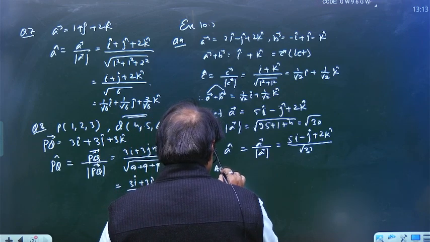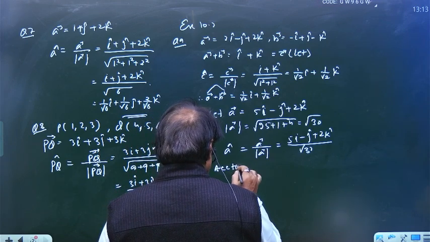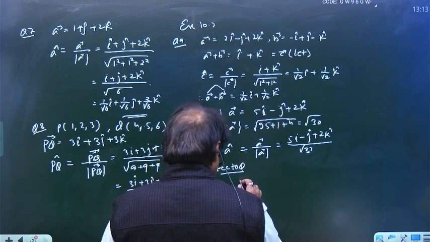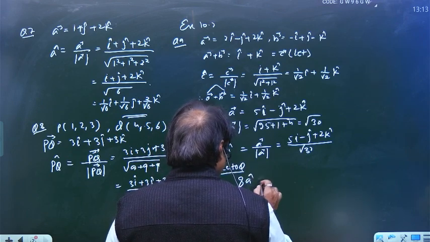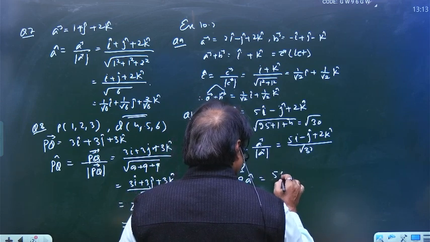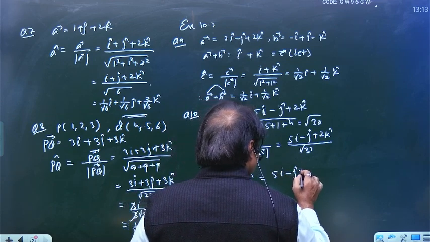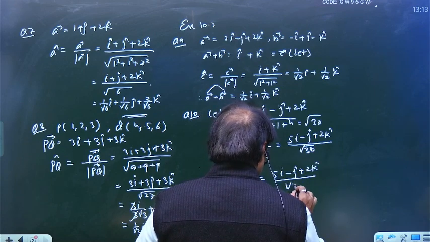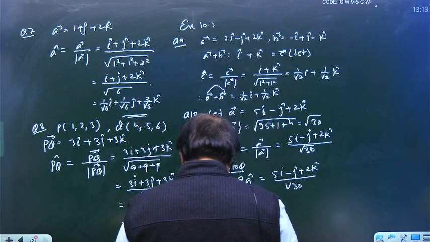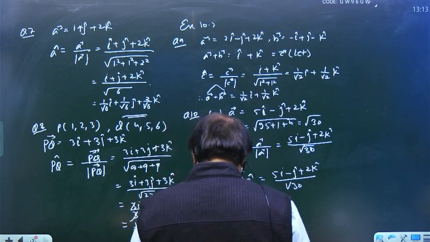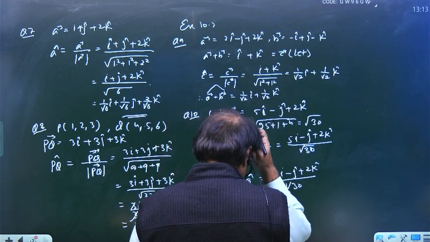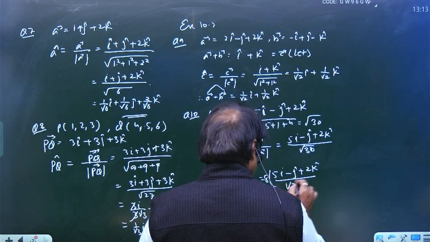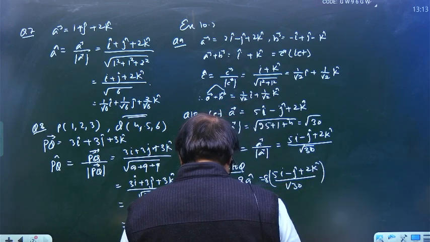According to the question, it has 8 magnitudes. So 8 a cap is equal to 5i cap minus j cap plus 2k cap upon root over of 30. So multiplying by 8 on both sides, 8 a cap is equal to 8 times both sides.